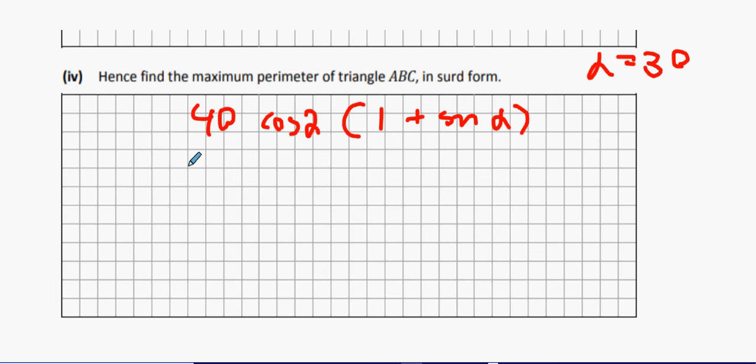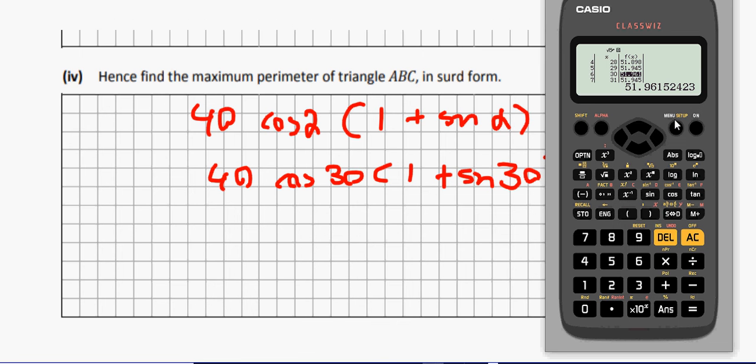So it's 40 cos 30 into 1 plus sine 30. And you'd hope that if you throw all that into the calculator, it will come out quite nicely. 30 root 3. Yeah, we'll take 30 root 3.